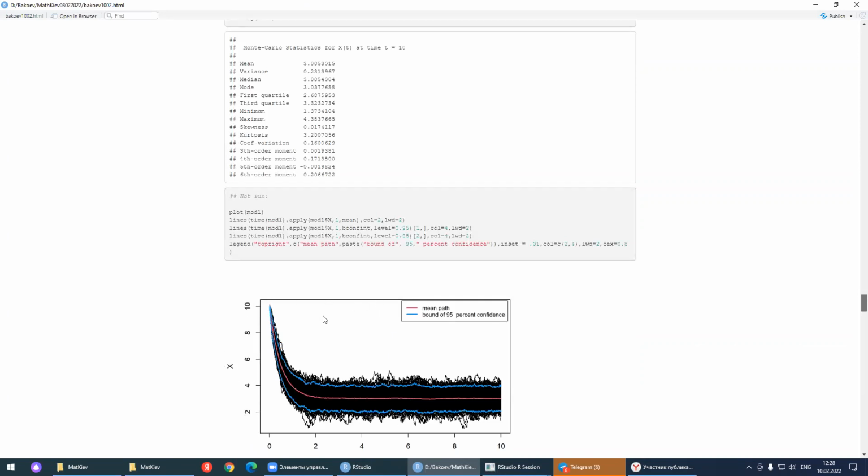This is a plot of the solution of the stochastic differential equation. Look here, the black one is a sample, with sample volume 400, I think.